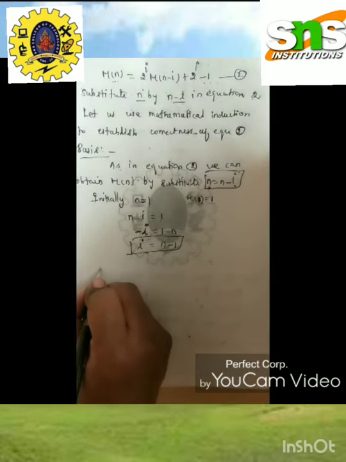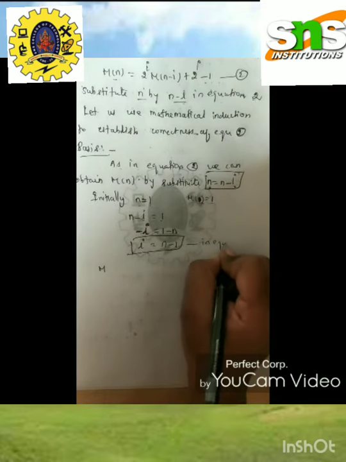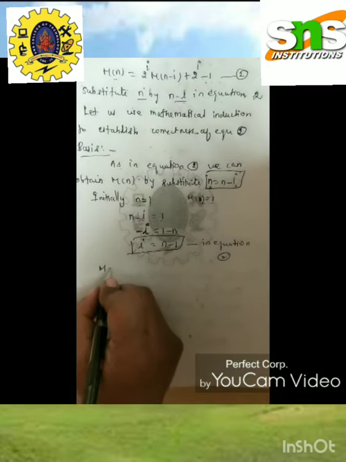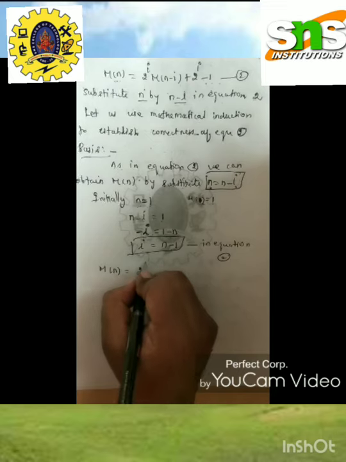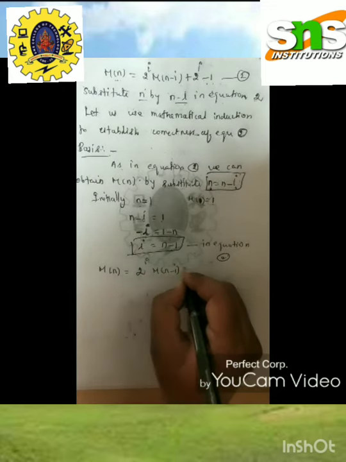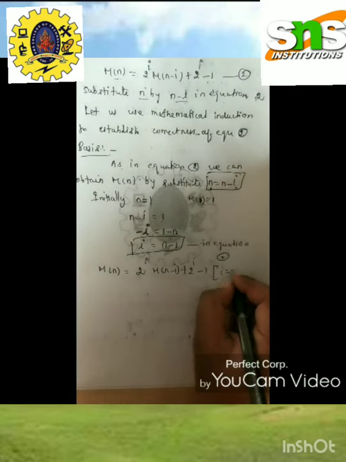Okay, so i is equal to n minus 1 in equation 2. So m of n is equal to 2 power i, and once again I write the same equation: m of n minus i plus 2 power i minus 1, where i is equal to n minus 1.